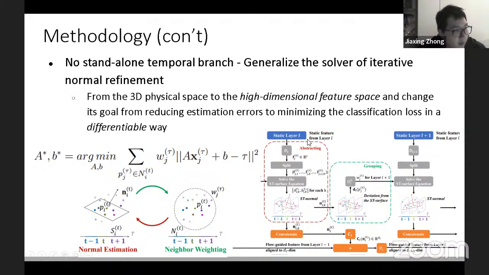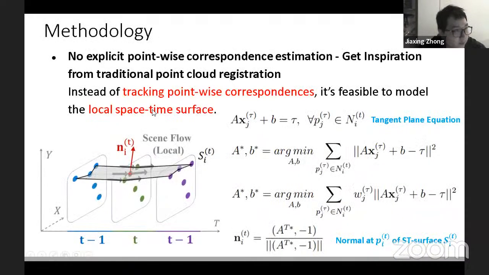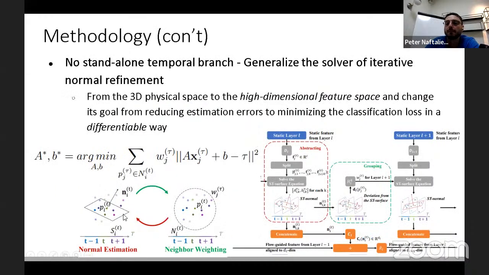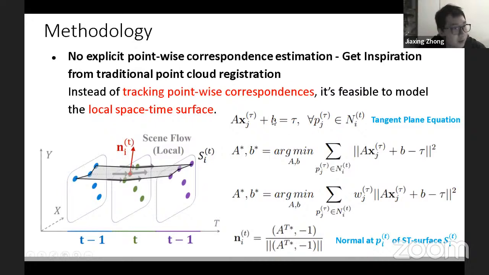S means the tangent surface, a local surface. It's defined by A and B. Yes, because by defining the coefficients of this tangent plane, we can define the S.